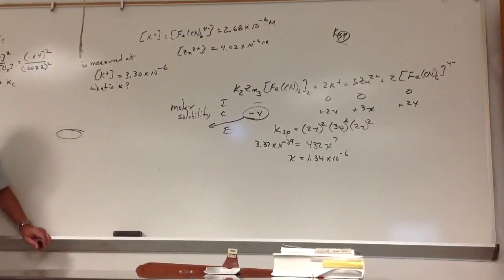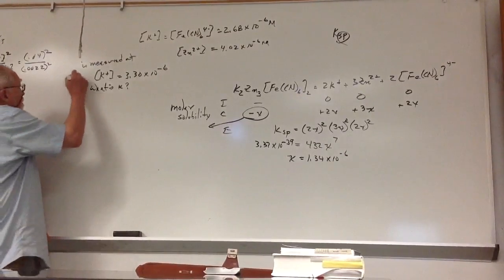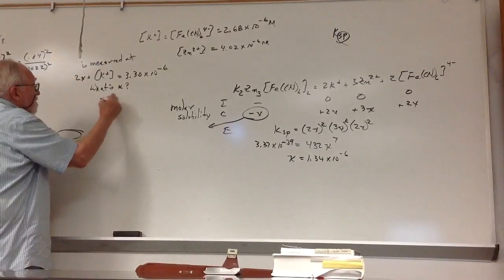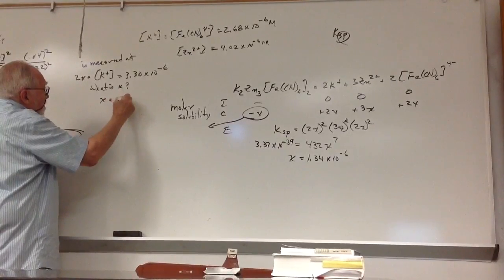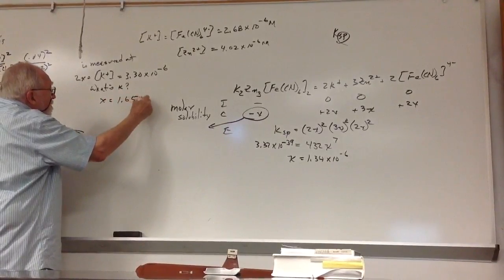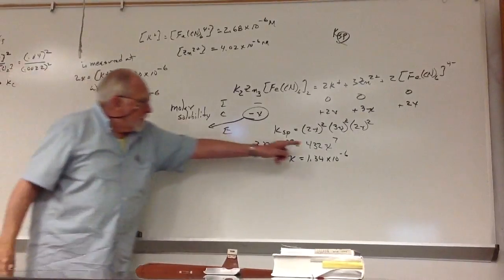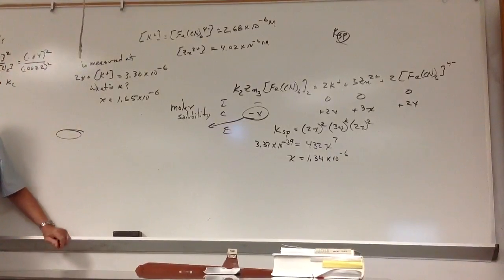What is K? Again, you can set it up exactly the same way, and now you're going to say what? Potassium is 2x. X is 1.65 times 10 to the minus 6. Then you take that, plug it in here, raise it to the 7th power, multiply by 432.